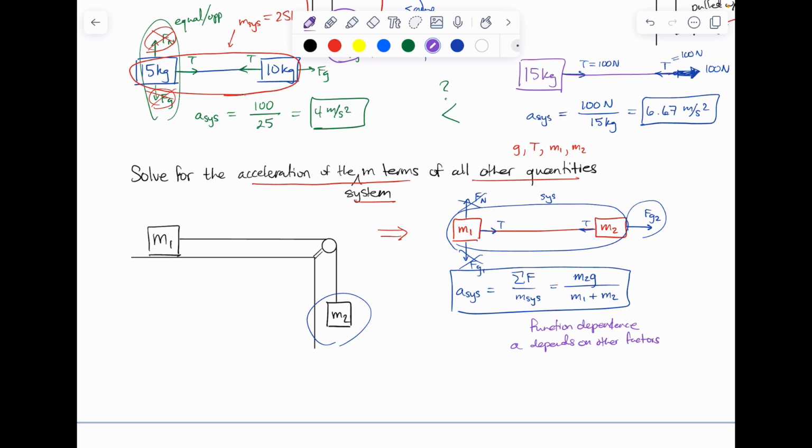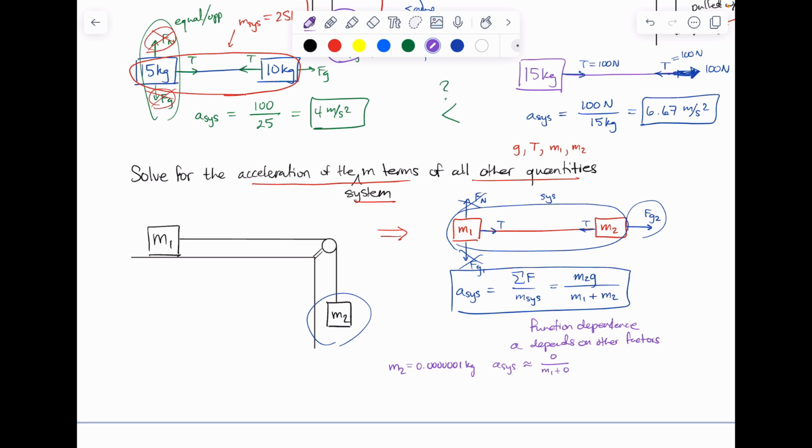So imagine that m2 is something like 0.000001 kilograms, something extremely tiny, right? The acceleration of the system, if you think about it, would approximately be 0 over whatever m1 is plus 0, right?